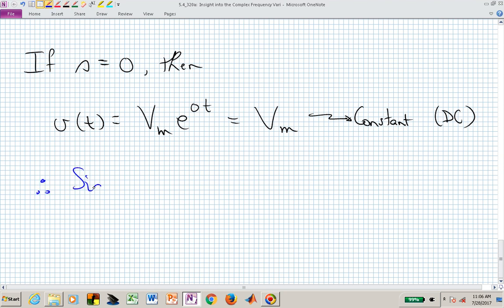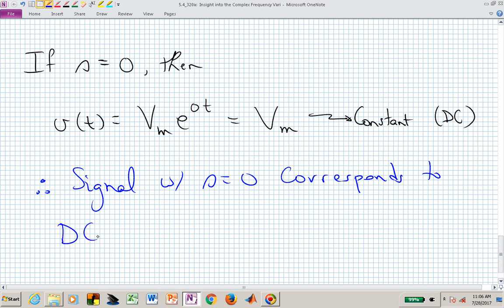Therefore, this signal that we're calling little v of t, when s was equal to 0, corresponds to a dc, or constant, signal.